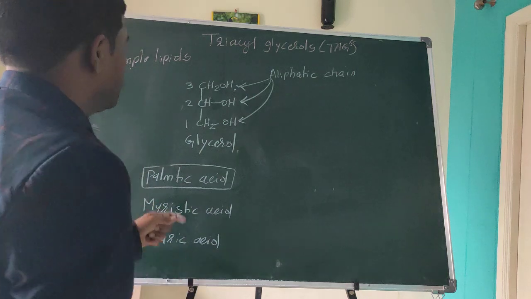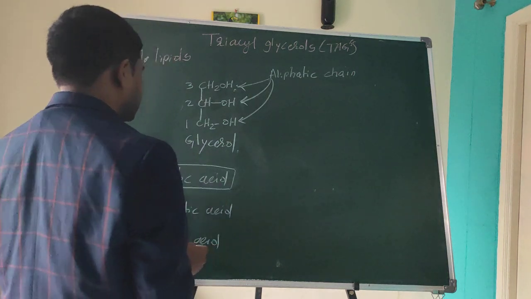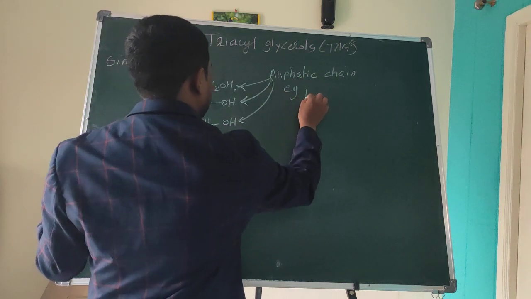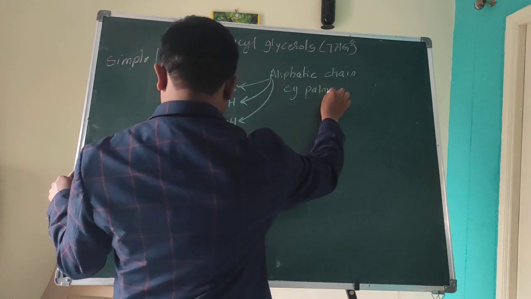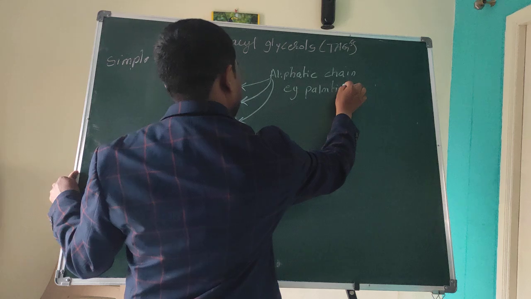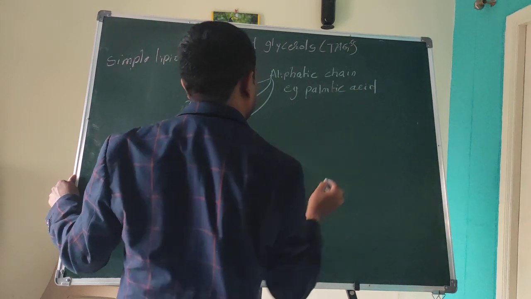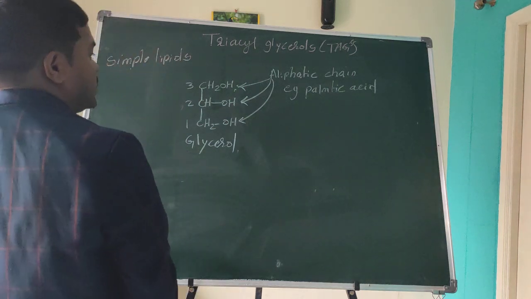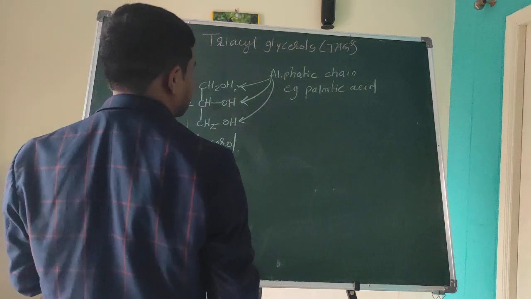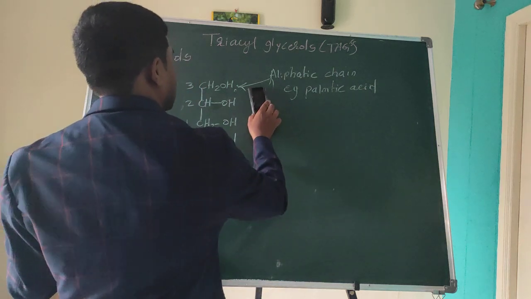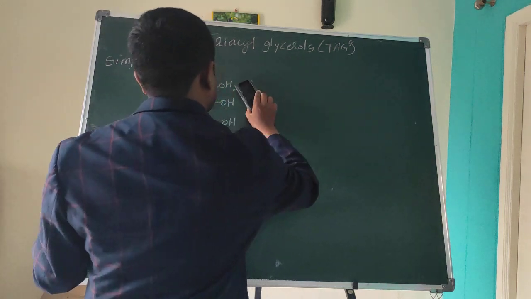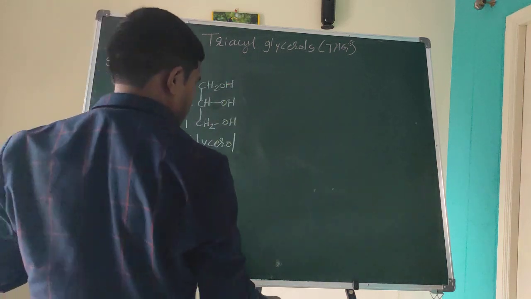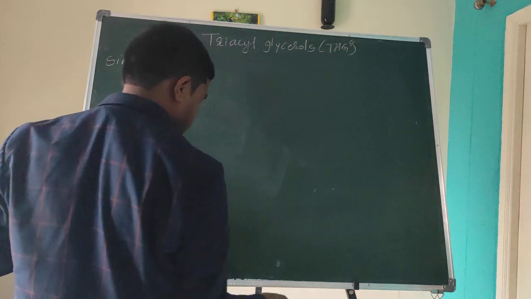If the aliphatic chain is only one type, for example palmitic acid, then palmitic acid is at three positions.